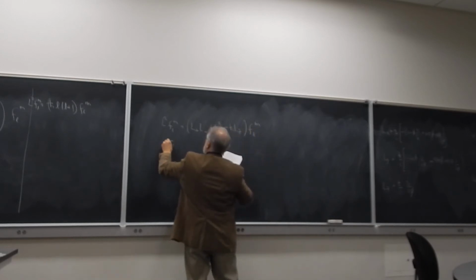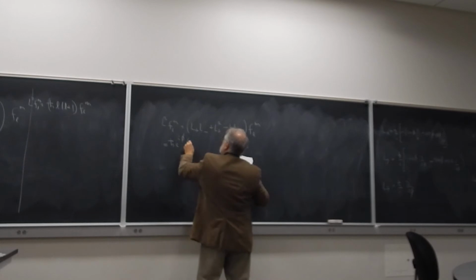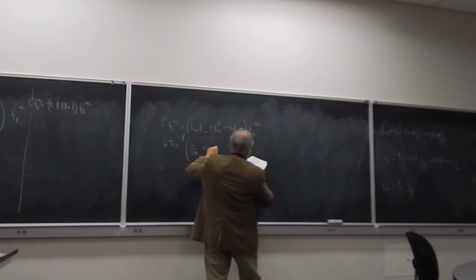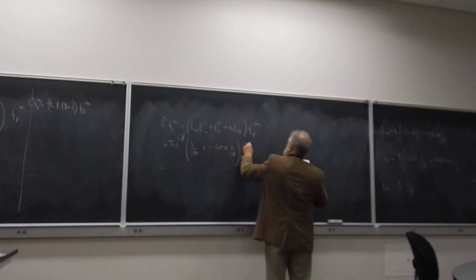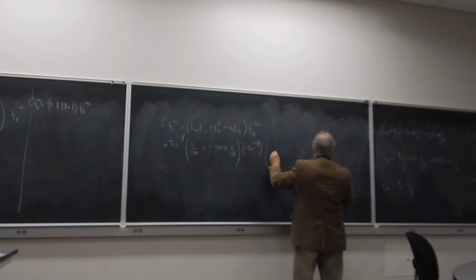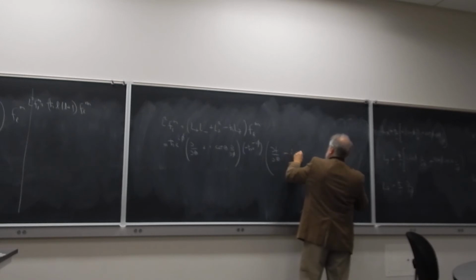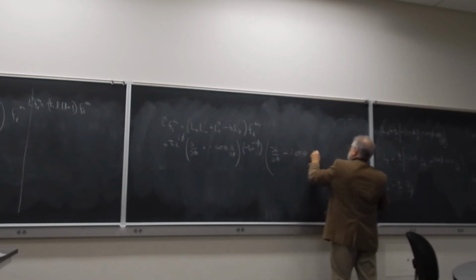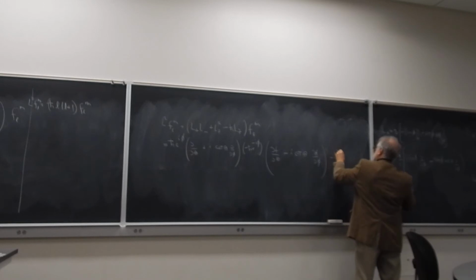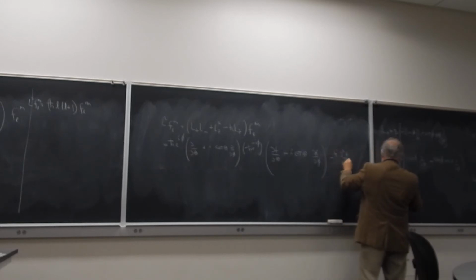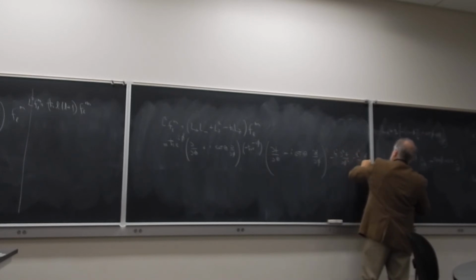And I can write that as h bar e to the i phi, d/d theta plus i cotan theta d/d phi, times a, minus h bar e to the minus i phi times df/d theta minus i cotan theta df/d phi, minus h bar squared second derivative of f with respect to phi, minus h bar squared over i df/d phi.